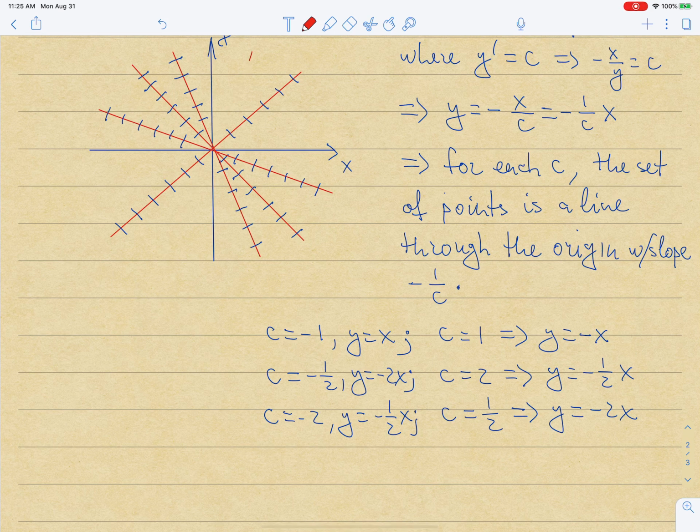Let me redraw it. Y is equal to 2x. Actually, let's do three more. Y equal to 2x, y equal to x over 2. And we'll also look at both the x-axis and y-axis.